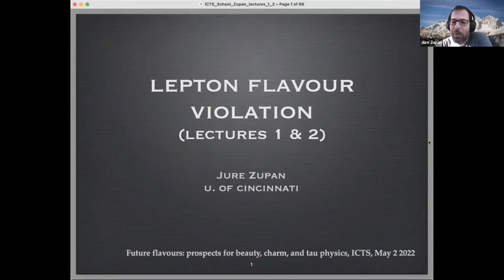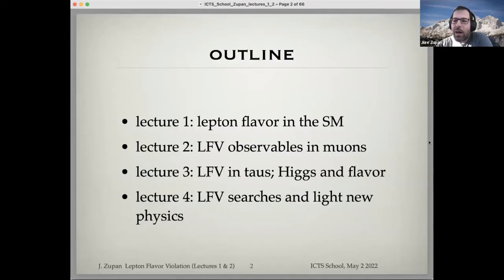But so what is covered in these lectures? The split is roughly the following. I'll first go over how the lepton flavor is implemented in the standard model. That will probably be the bulk of this first hour.